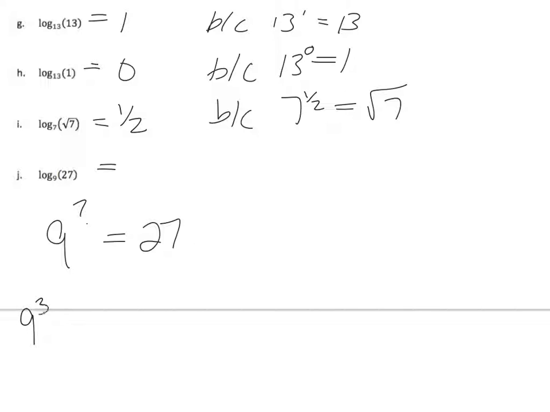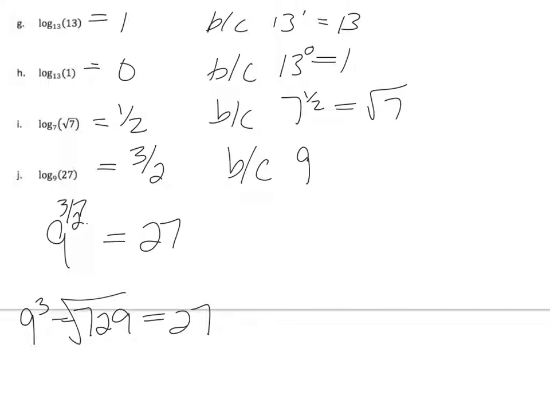So 9 to the 3rd power is 729. And I think if I take the square root of that, I get 27. So that means I'm cubing it and then taking the square root. Cool, that was a tough one. Because 9 cubed, square root, is 27. Awesome.